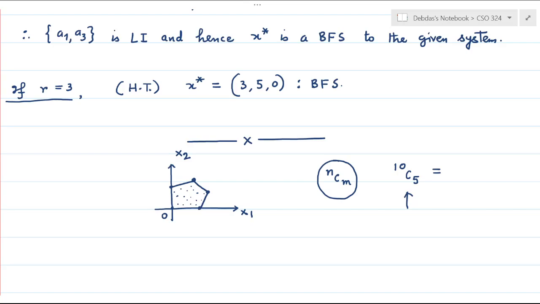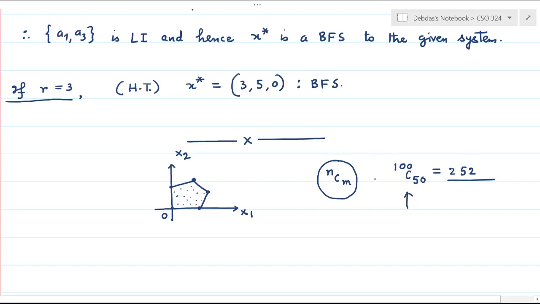And corresponding to every basic feasible solution you have a vertex. So this 10C5 is approximately 250 or so. Precisely it is 252, and therefore you have to calculate your objective function value at 252 points. If you have 100 variables and 50 equations, then how large it is.